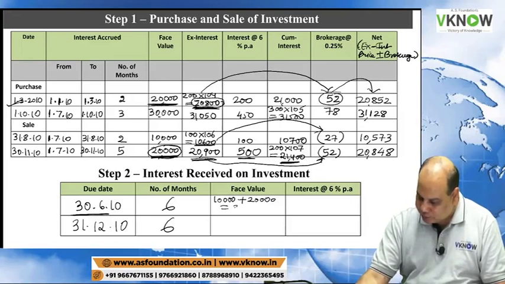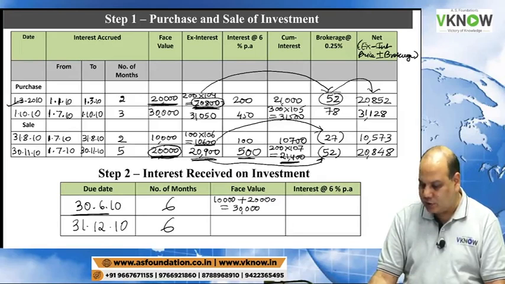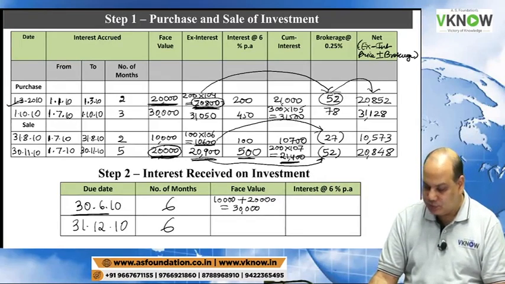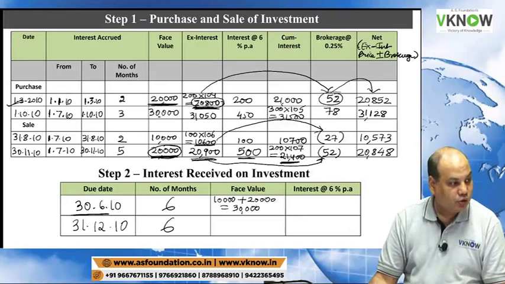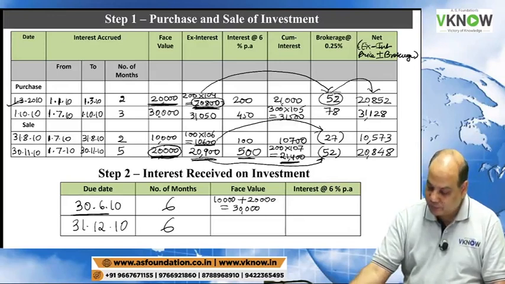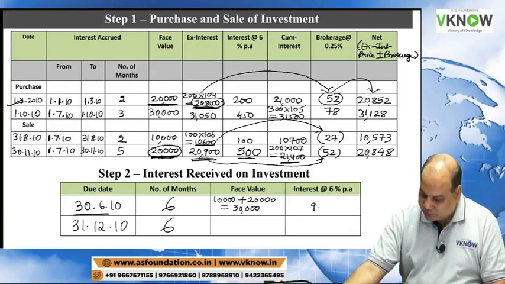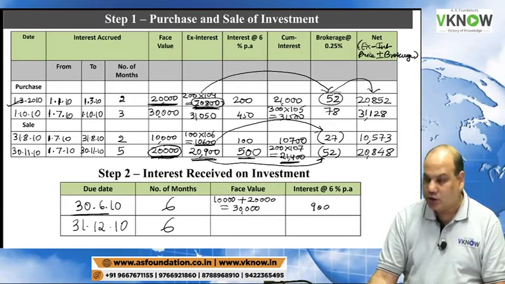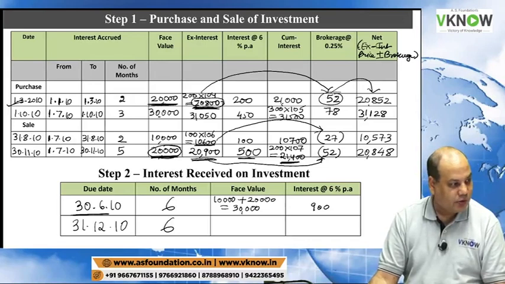So we have 30,000 rupees face value. 30,000 into 6% into 6 by 12. Is it 900?